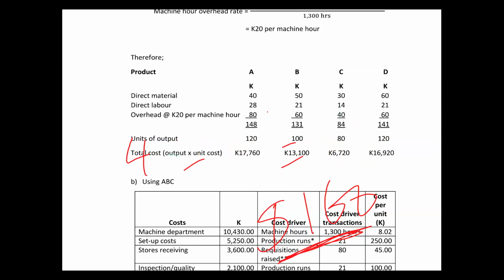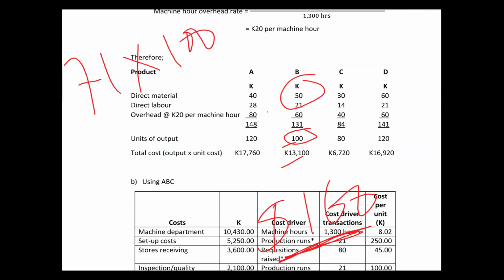For product B as well, in a similar manner, you add 50 plus 21, giving you 71. 71 times the number of units produced, there were 100 for product B, giving you 7,100. That will be the total prime cost for product B. You do the same for C: 30 plus 14 times the number of units produced, there were 80.